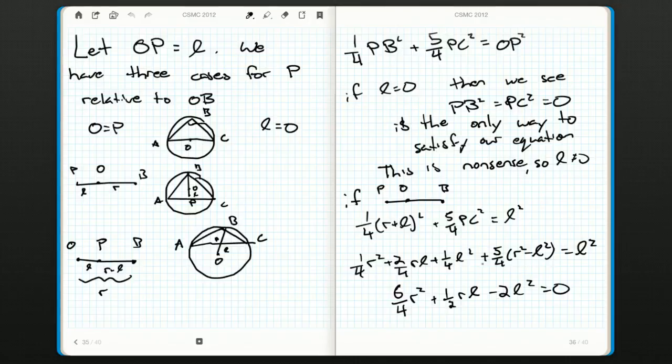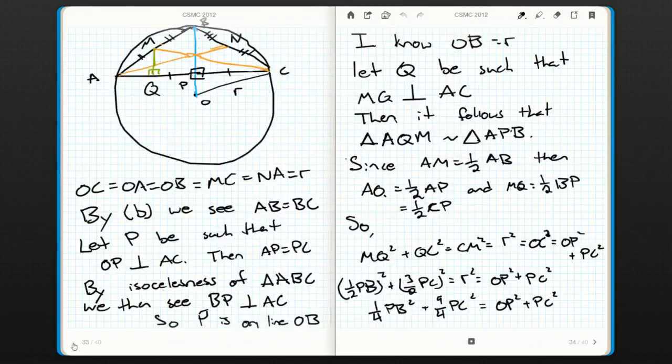Is there anything else we could do with it? So here we know this length here is 3/4 of r. So we should be able to work this one out. And then where do we go from there? We know that then this length here is 1/4 of r. So then this length here is 1/8 of r.